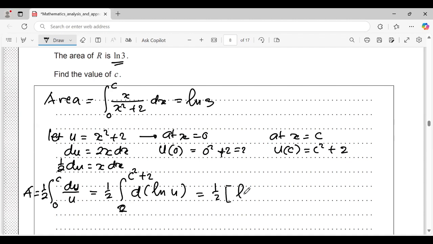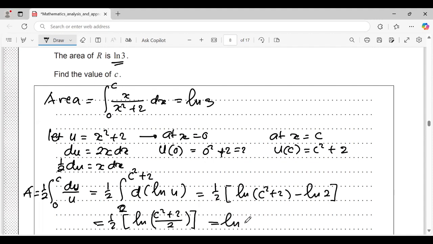It's going to be ln of c squared plus 2 minus ln 2. It becomes 1/2 ln of (c squared plus 2) over 2, like this. And according to the information, this is equal to ln 3.